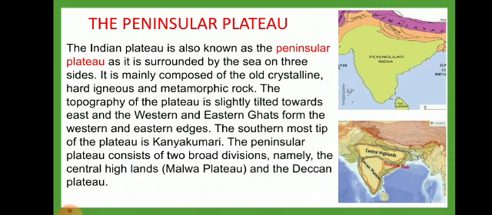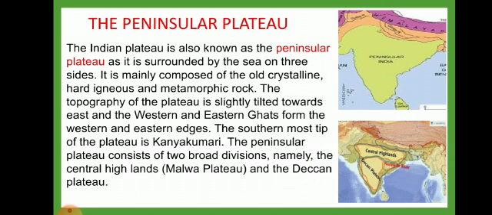The Indian Plateau is also known as the Peninsula Plateau as it is surrounded by the sea on three sides. It is mainly composed of old crystalline, hard, igneous and metamorphic rock. The topography of the plateau is slightly tilted towards the east, and the Western and Eastern Ghats form the western and eastern edges. The southernmost tip of the plateau is Kanyakumari.